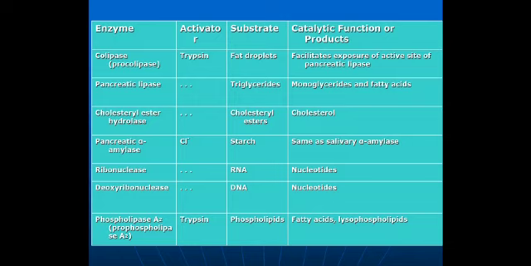The carbohydrate digesting enzymes are the amylolytic enzymes, which are the pancreatic amylase, the same as salivary amylase present in the saliva. And we have other enzymes like ribonuclease and deoxyribonuclease, which are nucleases, and phospholipase, which converts phospholipids to fatty acids and lysolecithin.